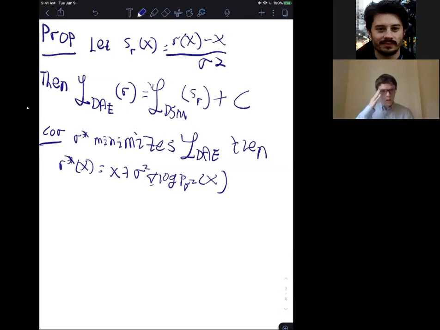But this is all well and good; in practice, we want some finite sample bounds. So we're going to let F be a class of functions or vector fields.